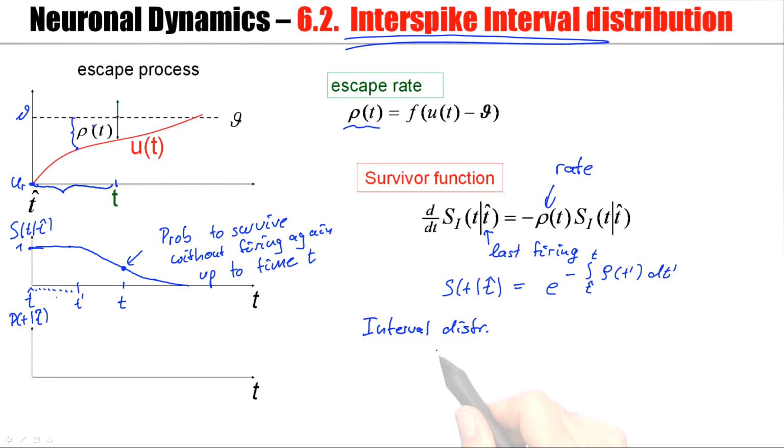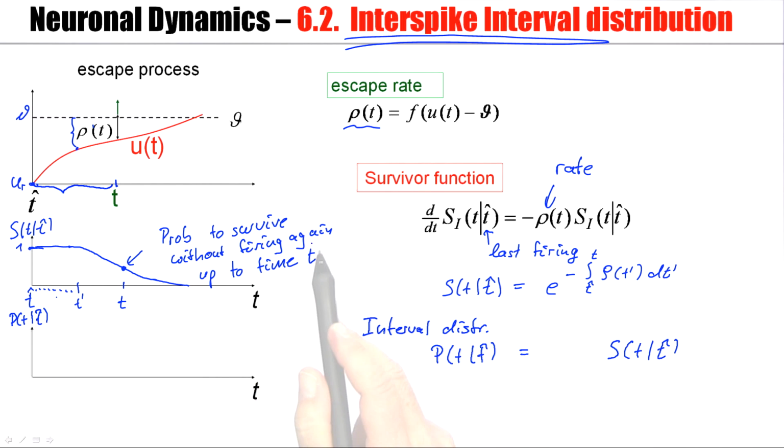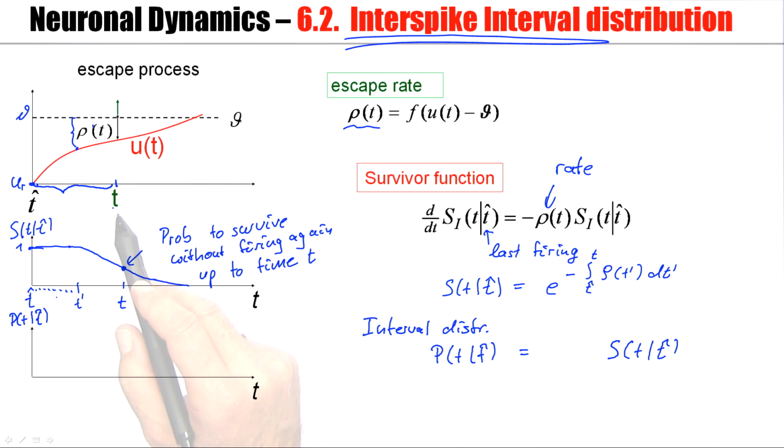So this interval distribution, P of t, t hat, will have two factors. The neuron has to survive from t hat to t without firing again. But then it actually has to fire at time t.